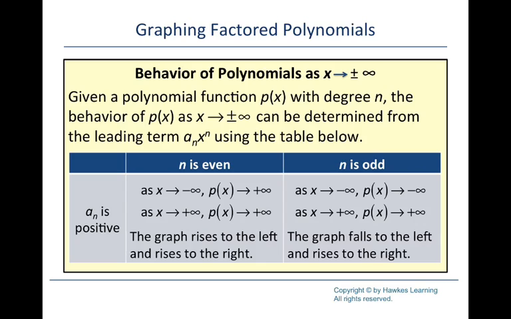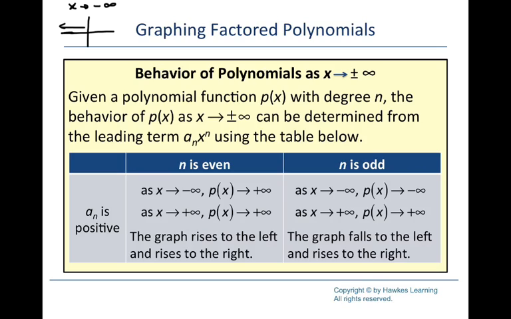On the left, this would be as x is approaching negative infinity. So I've got my graph, okay, and I'm looking at the x's as they go this way. X is going to the left as x is approaching negative infinity. So as my x's are getting smaller, what happens to the end behavior of the graph?